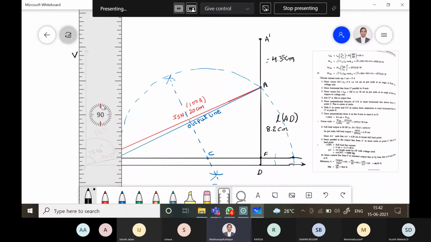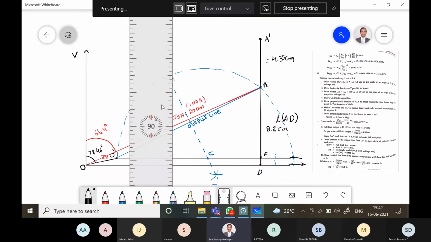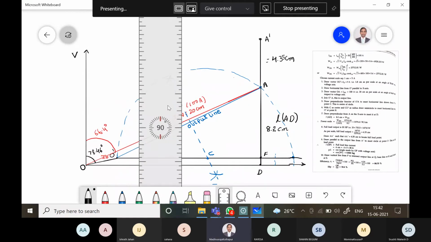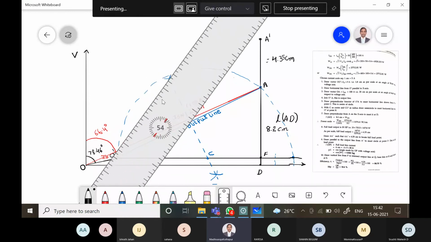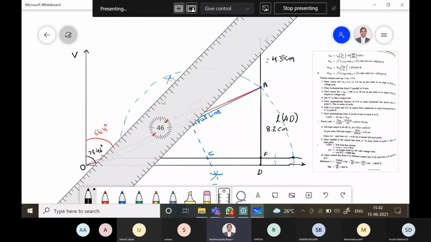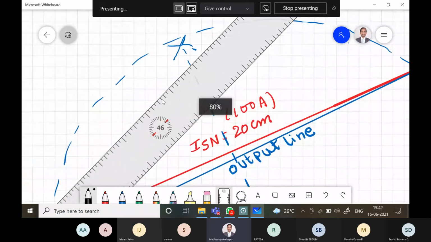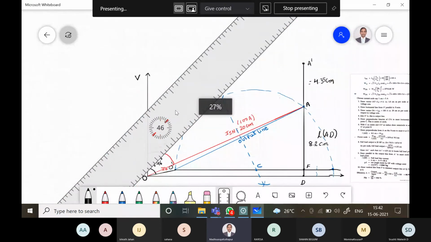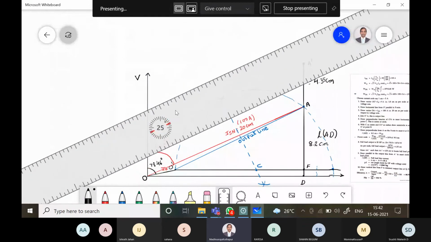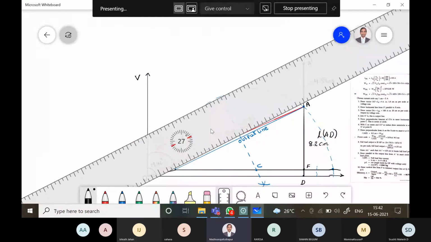Now from A dash you need to draw a line parallel to the output line.